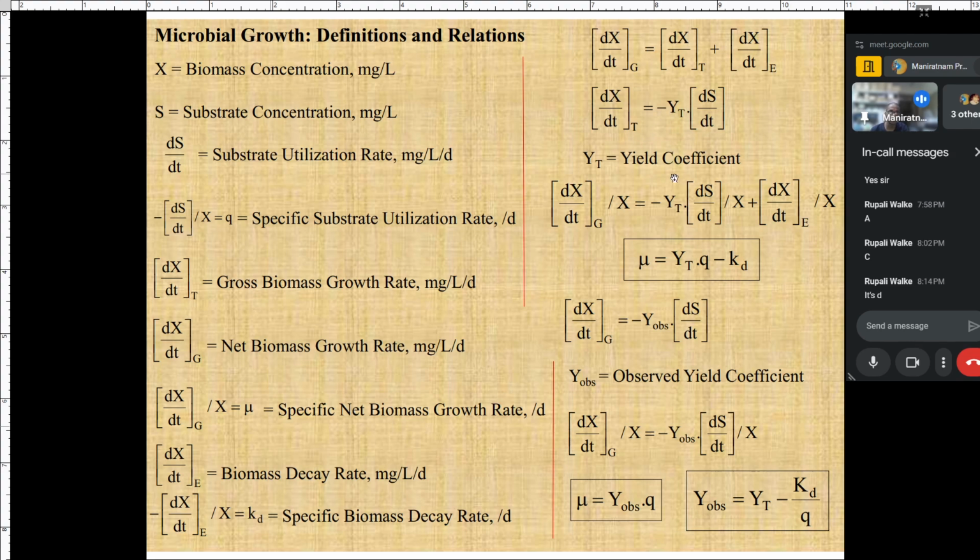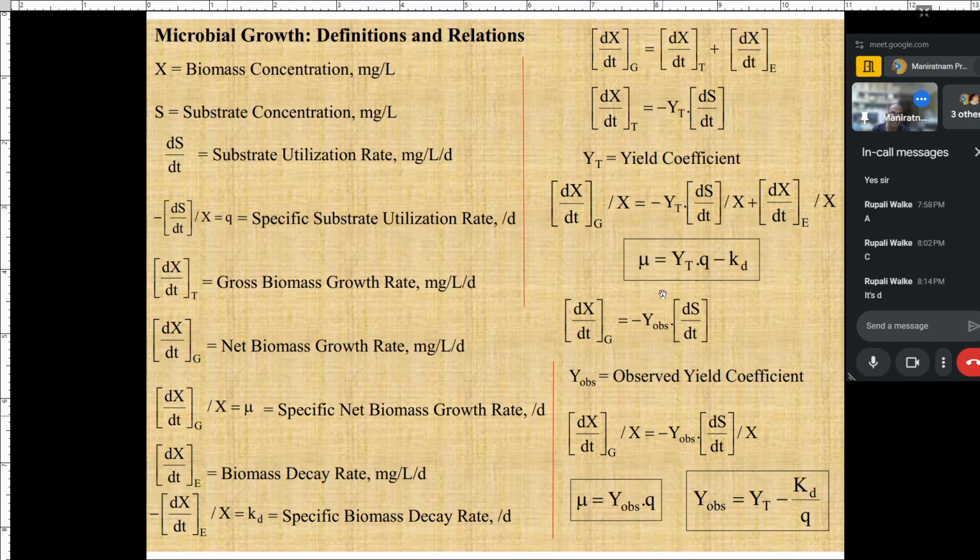You can substitute different terms, and finally you will get this relationship: mu, that is the specific net biomass growth rate, is equal to Yt. And what was our Yt? Yt was the specific yield coefficient into q. What is q? q is the specific utilization rate minus kd. What was kd? kd was the specific biomass decay. So this is a very useful relationship.